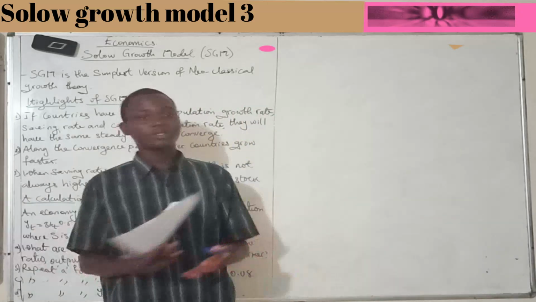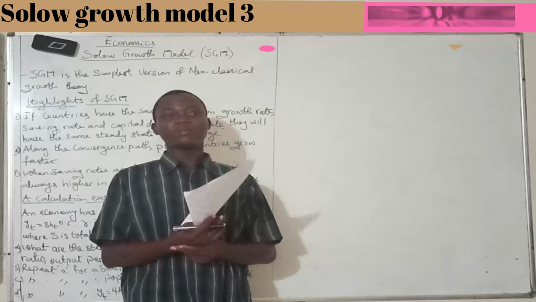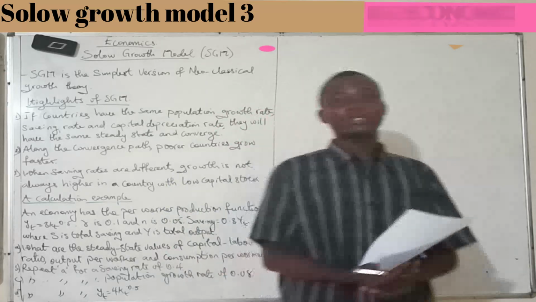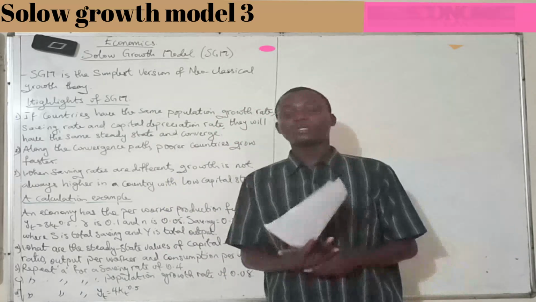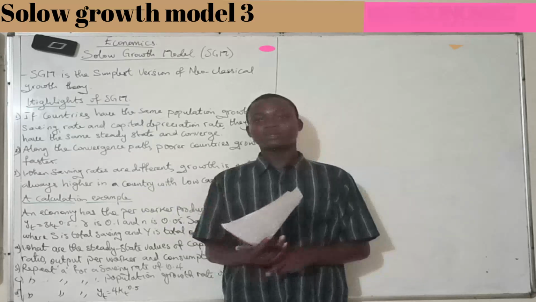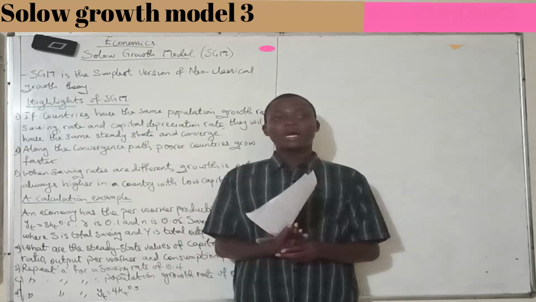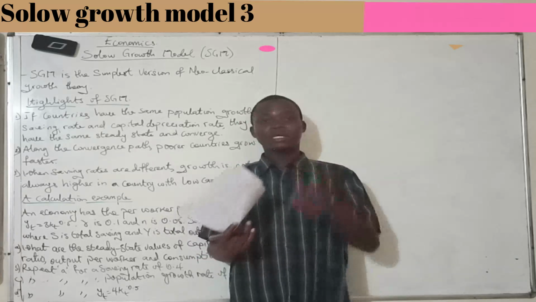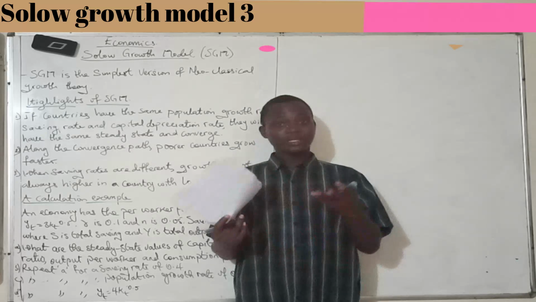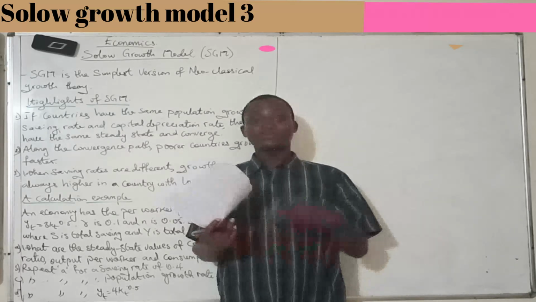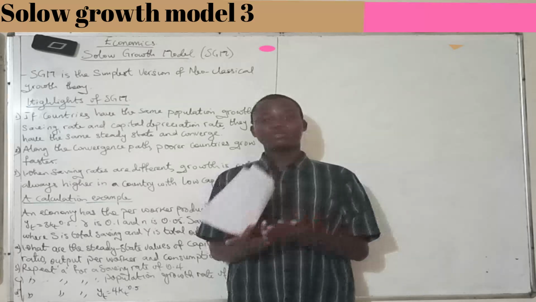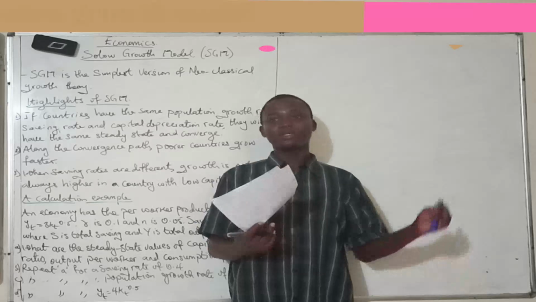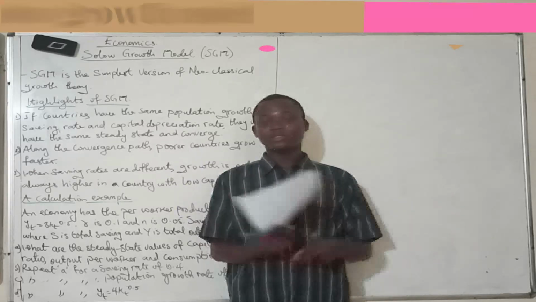So we would expect a divergence since these things are not taking place. But if Nigeria begins to follow the pattern of the United States and the United Kingdom, and begins to save as much as the United States is saving, and invest as much as the United States is investing, and control its population growth rate as much as the United States is controlling its own, then the United States might just be faster than Nigeria because it is ahead.